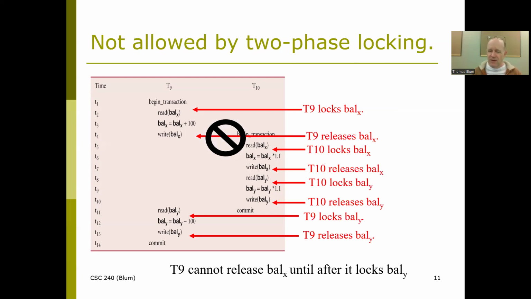But as in two-phase locking, the hold on balance X would not be released because transaction 9 still wants to do something to balance Y, and so it is not done all its locking. So this problem of paying the extra interest would be prevented by two-phase locking because 10 could not get started because 9 had not done all of the locking it intended to do.